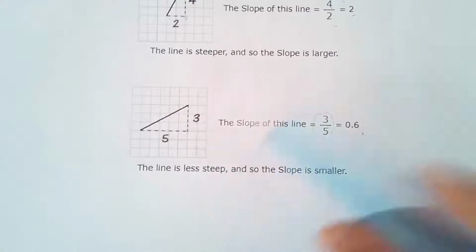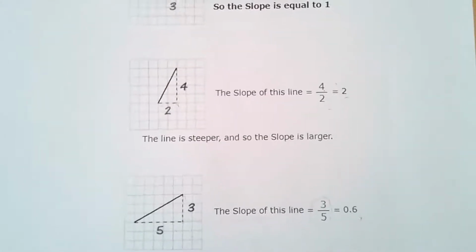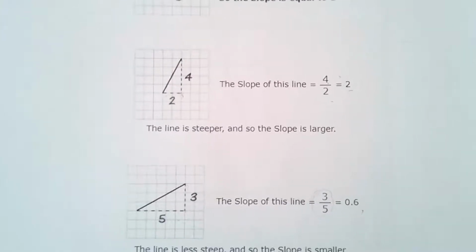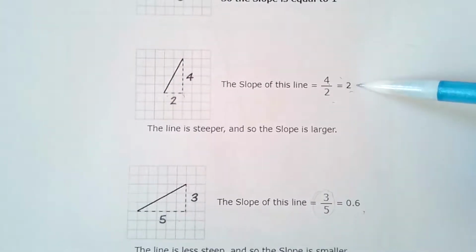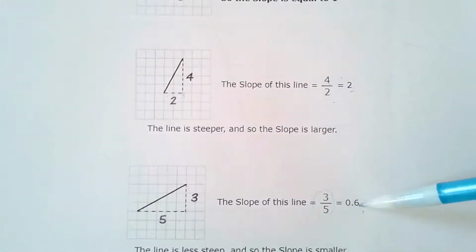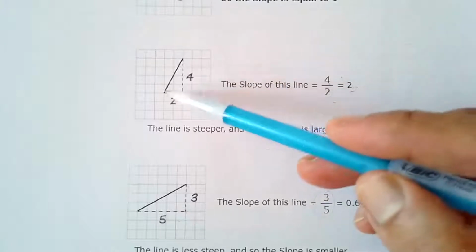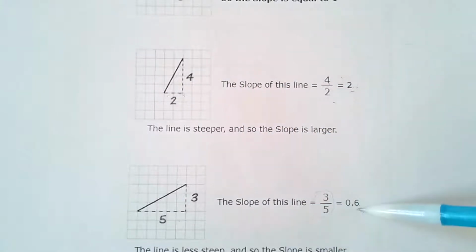Comparing the slopes will indicate to you the steepness. The greater the number, the steeper the slope. Here we have a slope of 2 compared to a slope of 0.6. A slope of 2 is much steeper than 0.6.